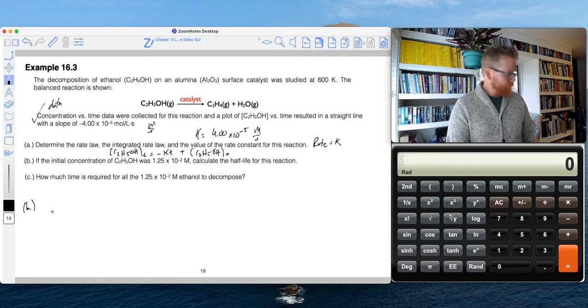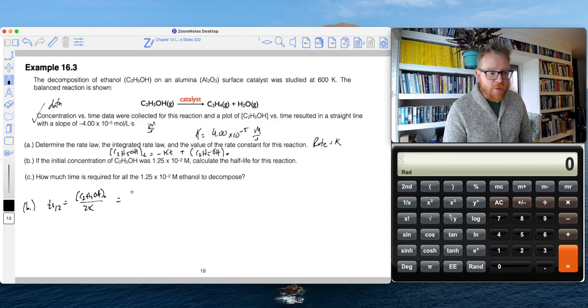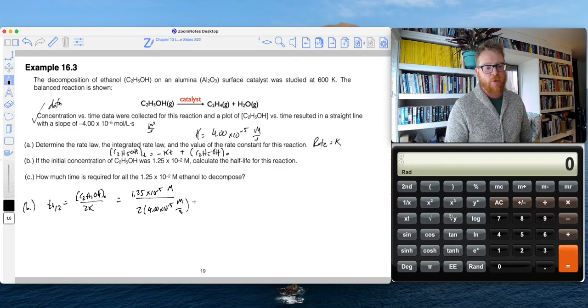So for B, we know t 1/2 equals, I'm going to write in ethanol to make this a specific example instead of a generic example. And so that's going to be 1.25 times 10 to the -5th molarity over 2 times the rate constant, so 2 times 4.00 times 10 to the -5th molarity per second.